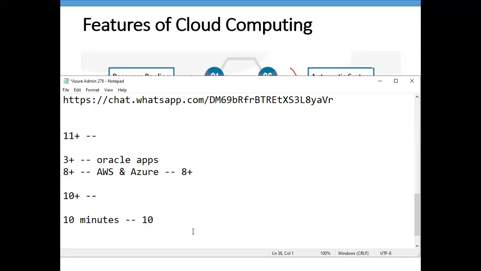Most of the services in Azure charge on a minute basis. There are a few services in Azure which charge on an hour basis also. It means if you are using it for 10 minutes, then you need to pay for 1 hour. But in Azure, most of these services are minute basis.